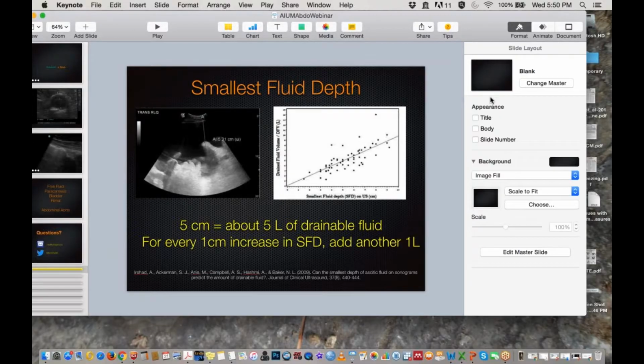But for instance, WinFocus has a number of courses that you can consider. The annual meeting at AIUM has some hands-on workshops. Within Canada, we have a number of emergency ultrasound courses available as well.